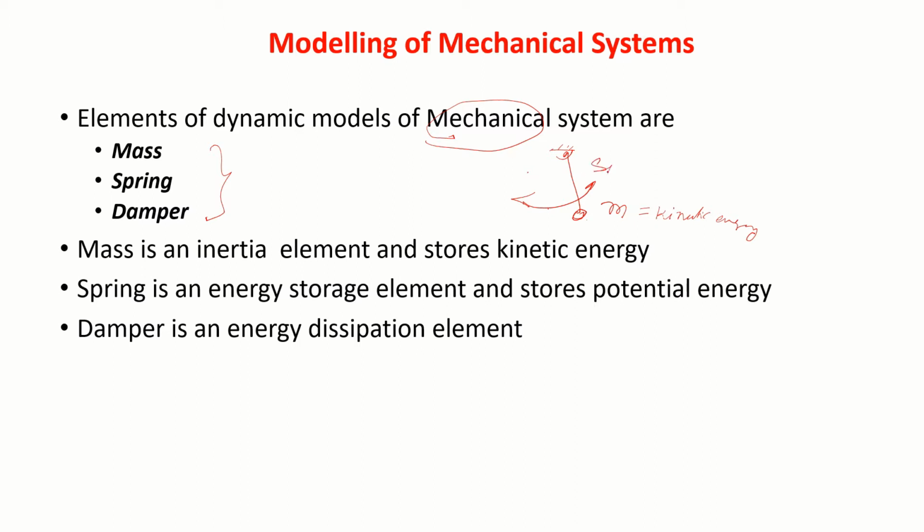Then you have a spring, which will have potential energy. So here in this case, sorry, I should draw a vertical line. This is oscillating like this. When it is at this point, it will have maximum potential energy.